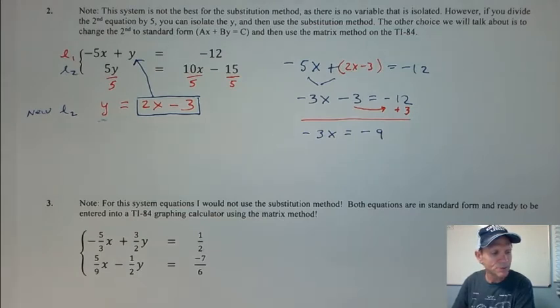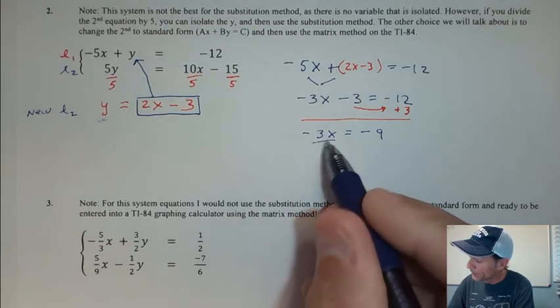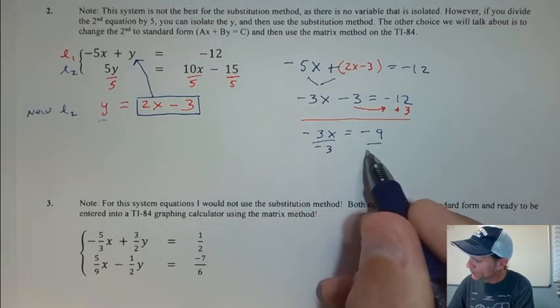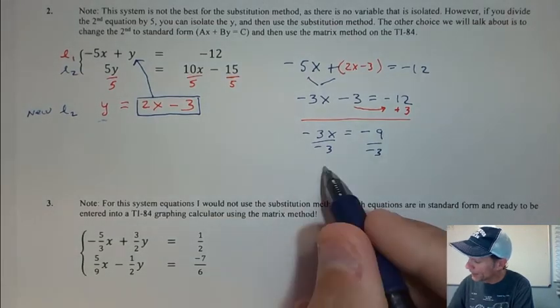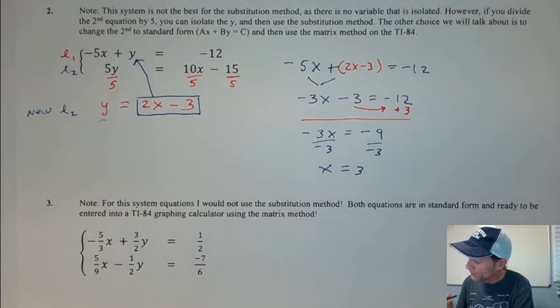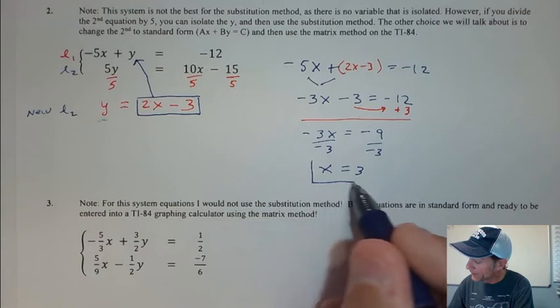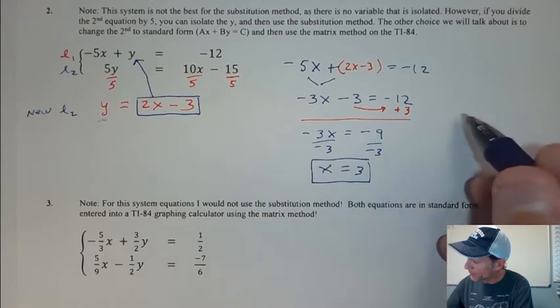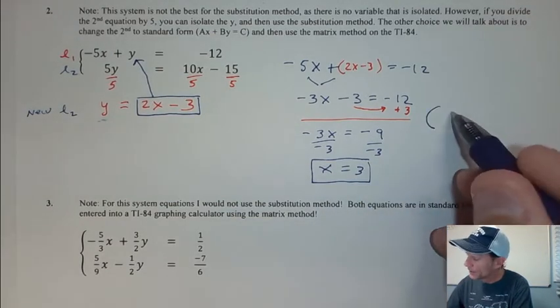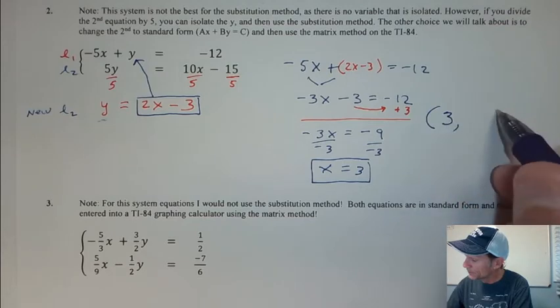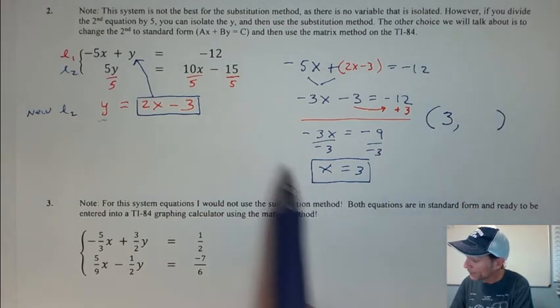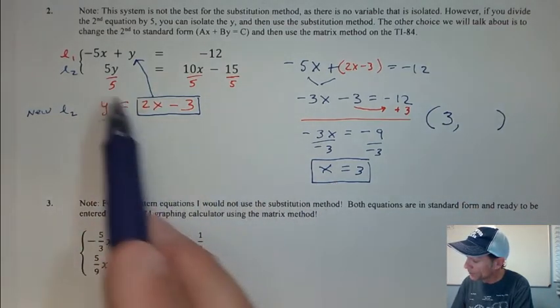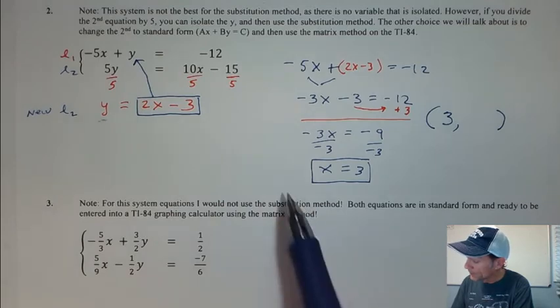Just checking my notes here. Seems like I have an error on the note packet that I'll have to fix for you, but I got x equals 3. Once I find that x equals 3, don't stop there, because I only have this part of the answer. I'm going to take that and go back into one of the original equations.